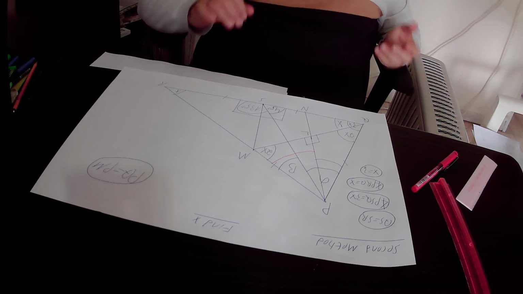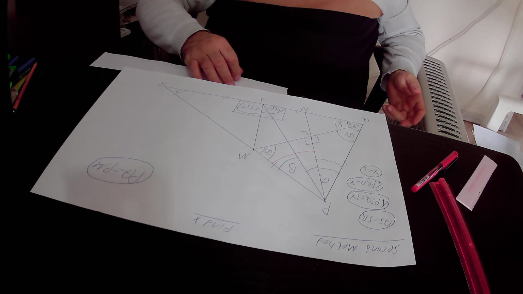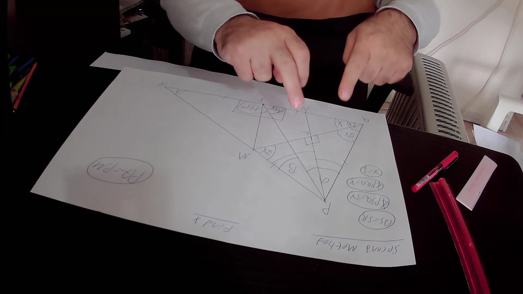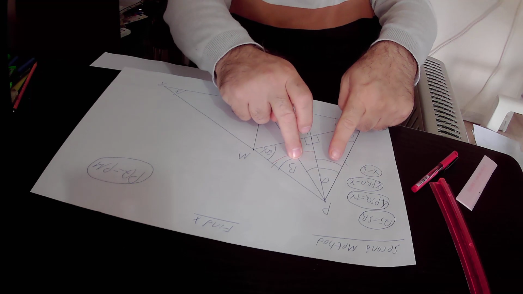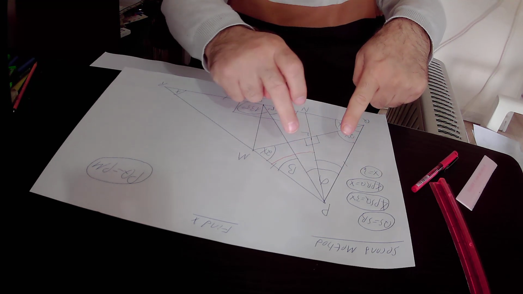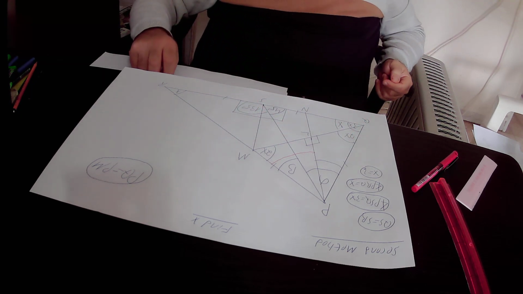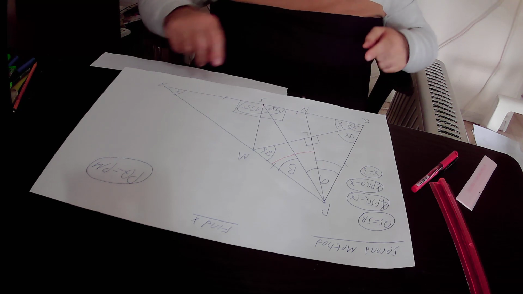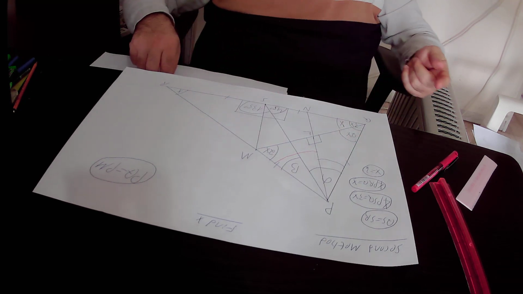Therefore, the third pair of angles must also be equal to each other. That is to say, angle QPL equals angle LPM. Okay? So those two angles are equal to each other.